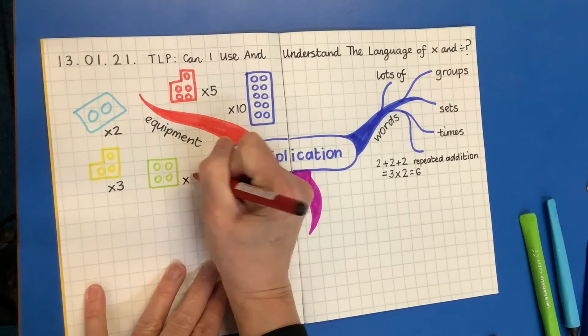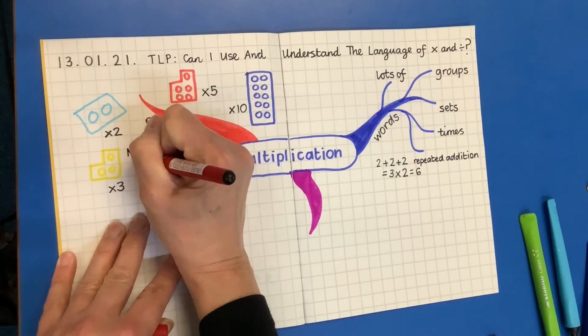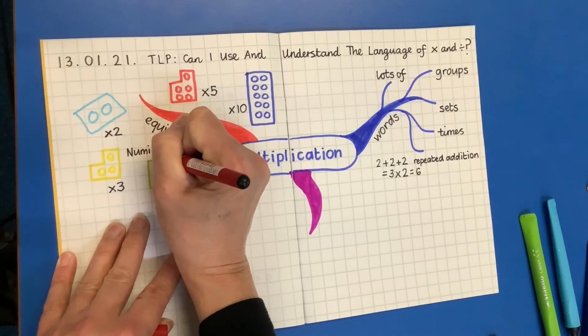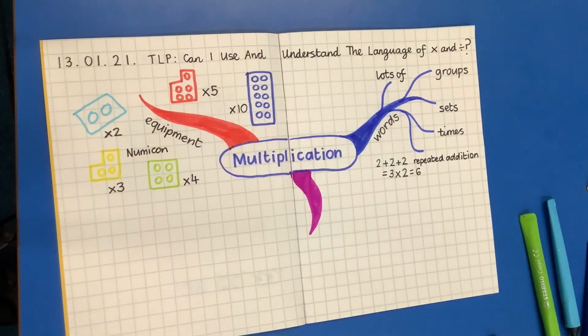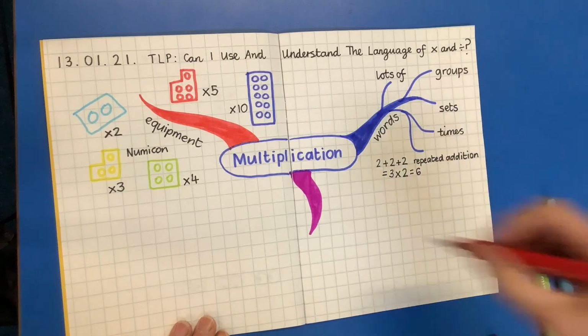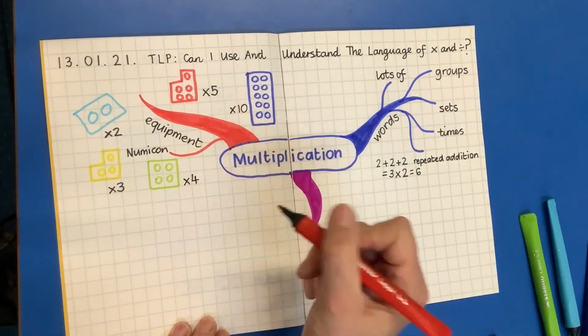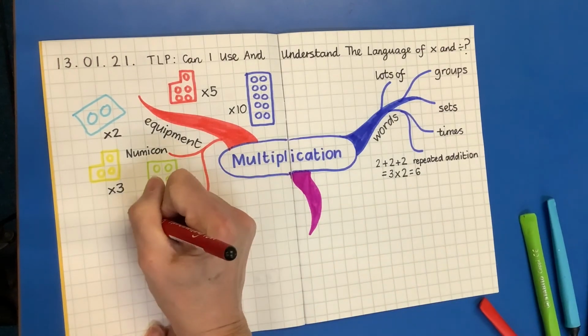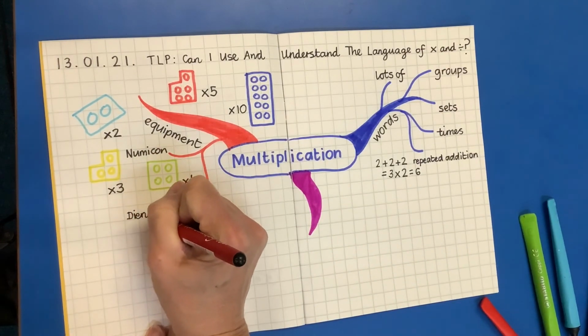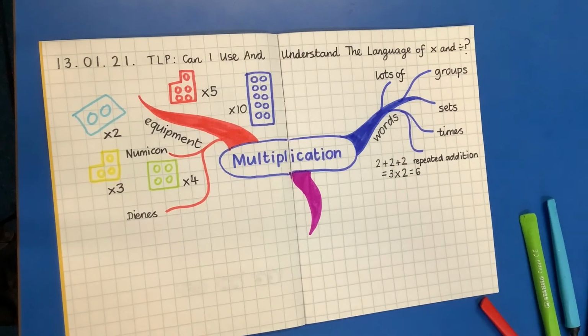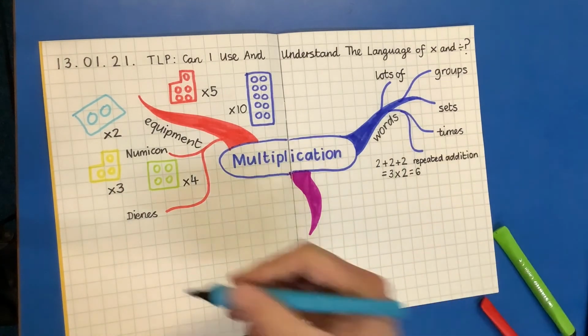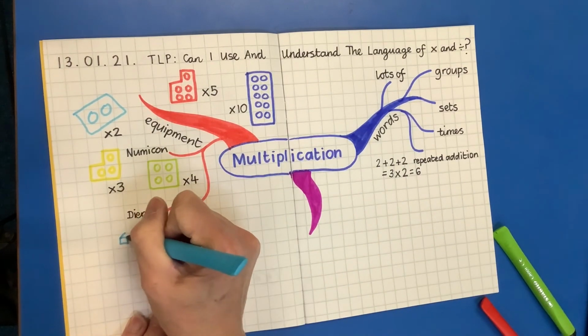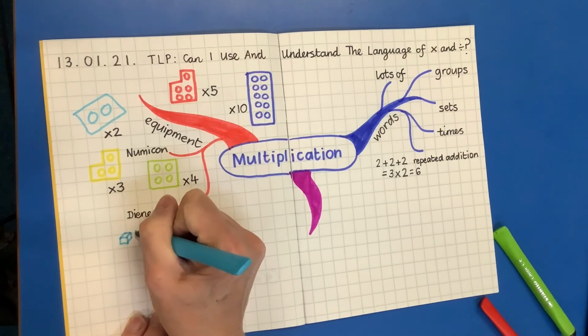So this equipment is called, I'll just write it somewhere, Numicon. That's what we use in school. We also use, so I'm going to draw a line to my branch, the word Numicon. We also use Deans a lot with number work in school, and those are the little counting cubes of 1s.